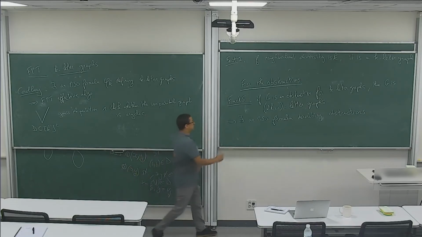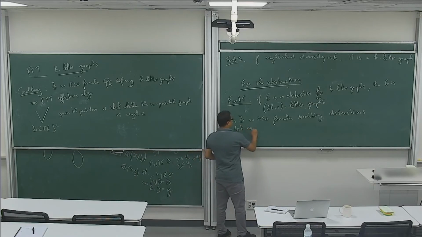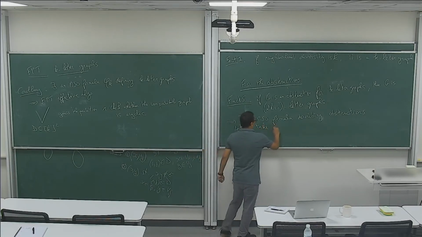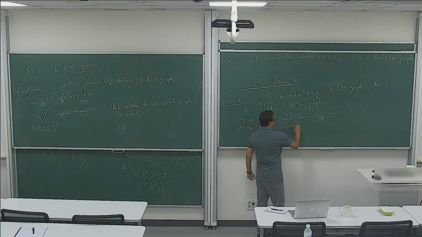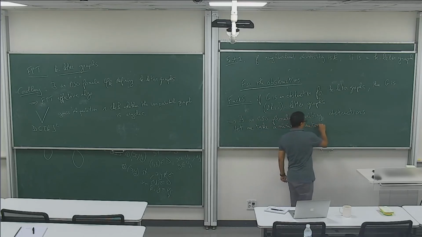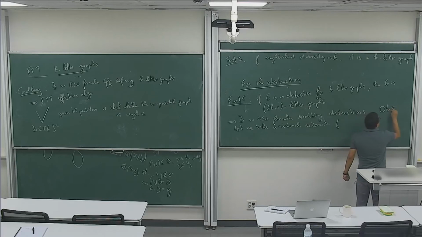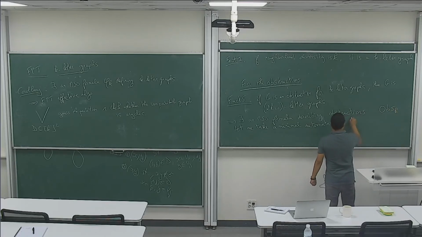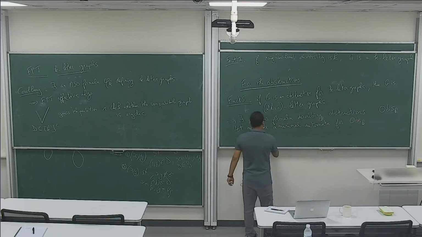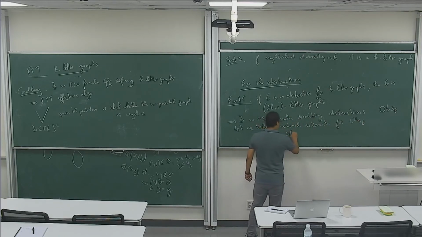So let me take the minimal automata, which I call obs_k, with S of k states.